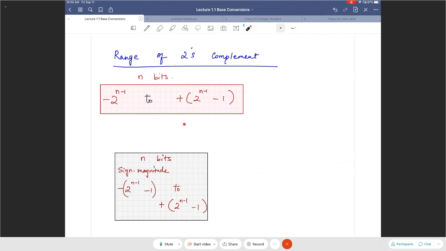That's the difference between sign magnitude range and 2's complement range. So for example, if you had 5 bits, what would be the range here? It would be negative 16 to positive 15. But using 5 bits for sign magnitude, you would have negative 15 to positive 15, right?